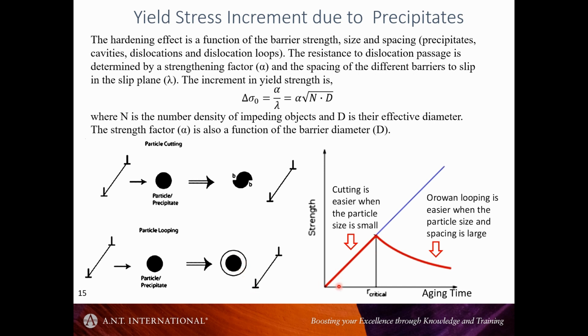So in that case, when the precipitates are small, there's a high density, you get some hardening, and then at some point, when in this case, this is the size of the precipitates, once they get past a certain size, and the spacing becomes larger, Orowan looping becomes more prevalent, and it's easier then for the dislocations to pass through a field of precipitates.